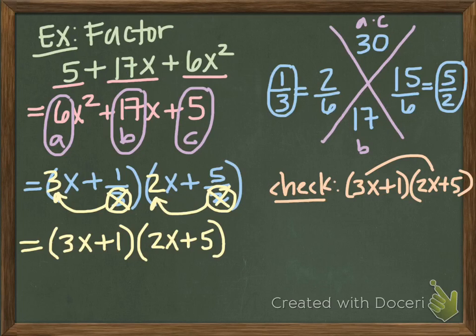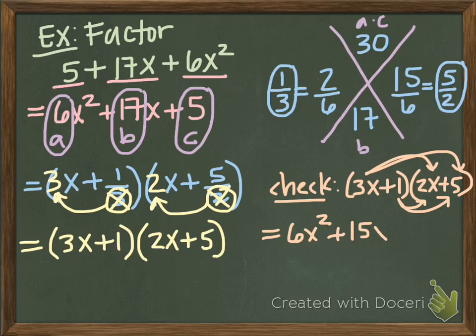And we'll do that by double distributing. 3x times 2x is 6x squared. 3x times 5 is 15x. 1 times 2x is 2x. 1 times 5 is 5. Let's combine those two terms in the middle. 15x plus 2x combines to make 17x.